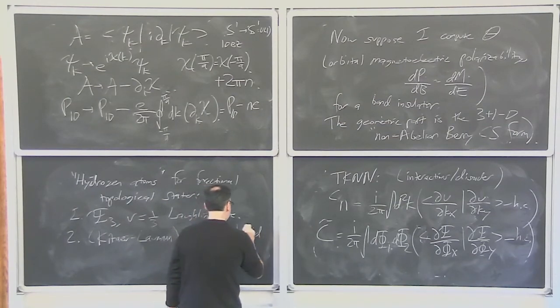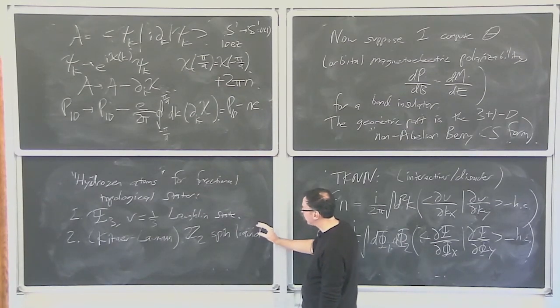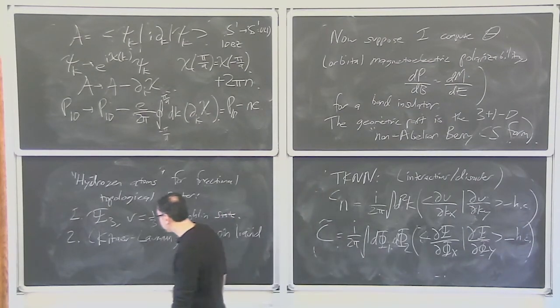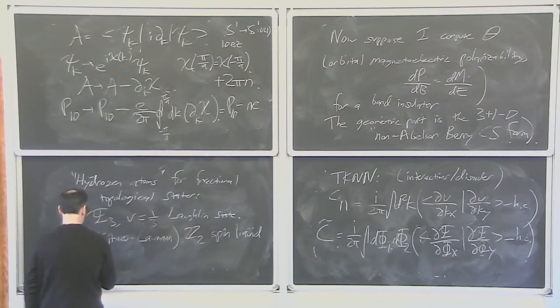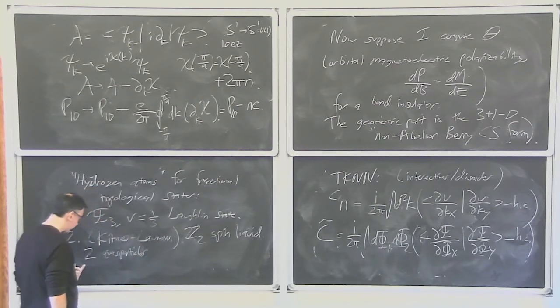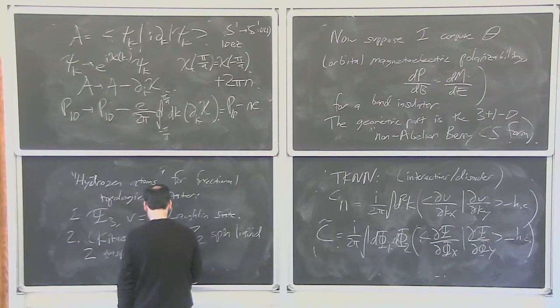And this is what I said about the simplest example of a fractional topological phase that doesn't have to have an edge. It doesn't have any preferred chirality or anything like that. It's got two kinds of particles, two quasi-particles, and each one creates a pi statistics with the other, which is called semion statistics.